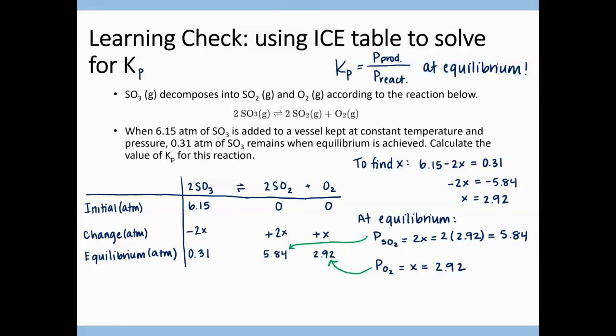We're not done yet because the question asked for K. So we need to go back to the equation for K and plug in our known values. So Kp is the partial pressure of each product raised to the power of its coefficient. So the partial pressure of SO2 squared times the partial pressure of O2 divided by the partial pressure of SO3 squared.